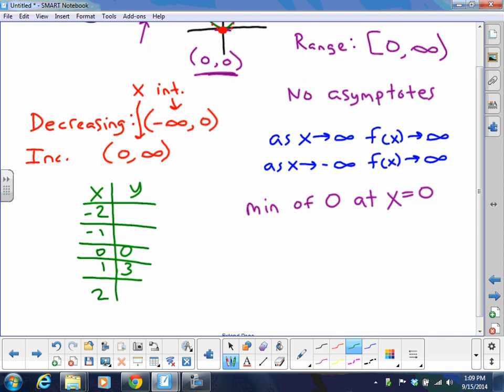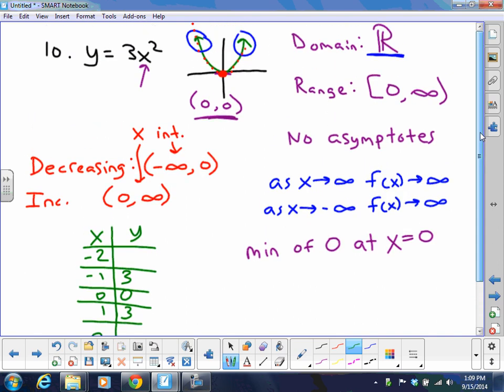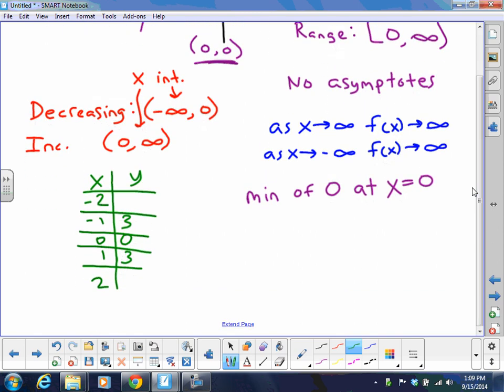But if I were to put negative 1 in there, negative 1 squared is also 1. When I times it by 3, I'm going to get 3. And then for 2, if I take 2 and square it, I get 4. And when I times that by 3, I'm going to get 12. You should notice the same thing happens up there. So what I suggested was just look for those to be matching up, and as we continue, if they all match up, that's guaranteed to be even.